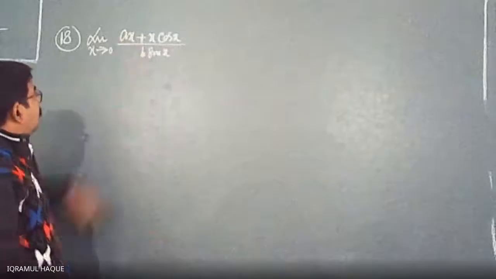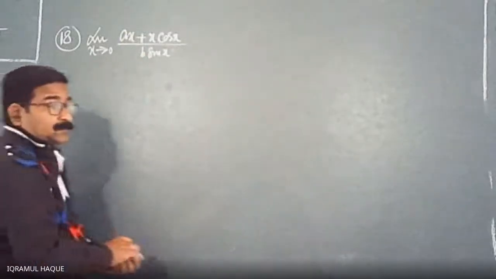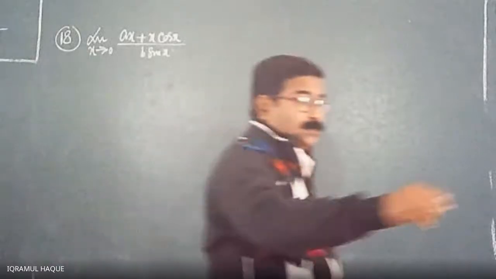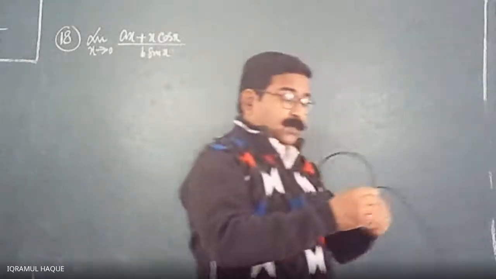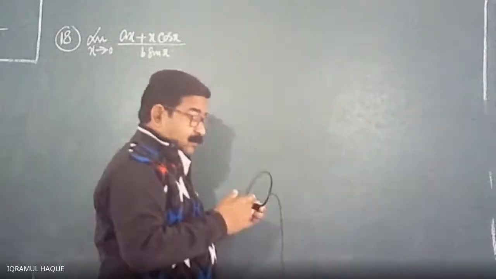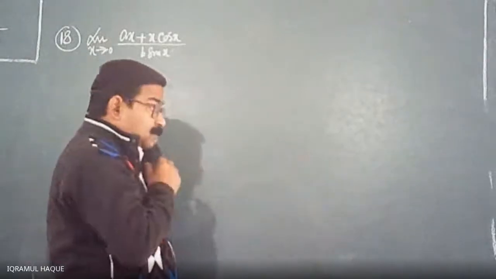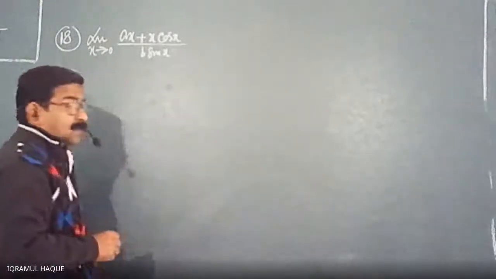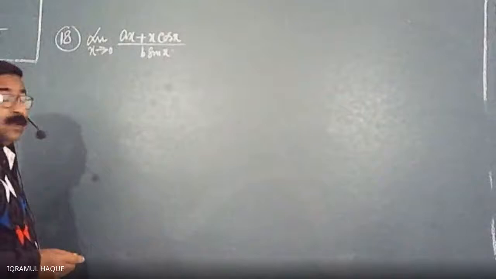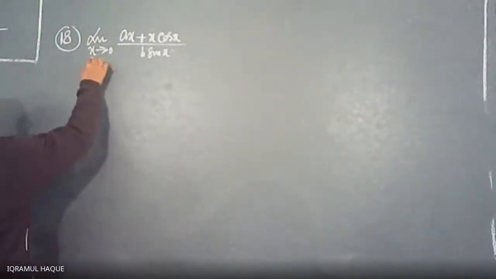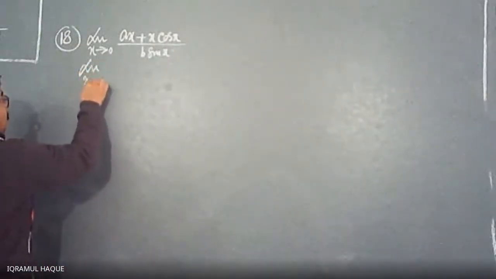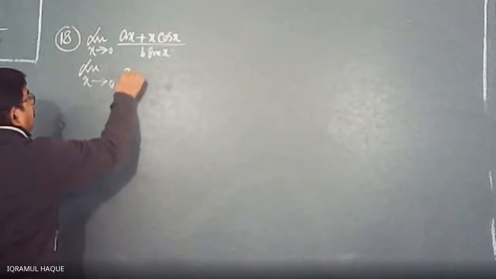In numerator, we have x common. X is common. Limit x tends to 0, x is common.